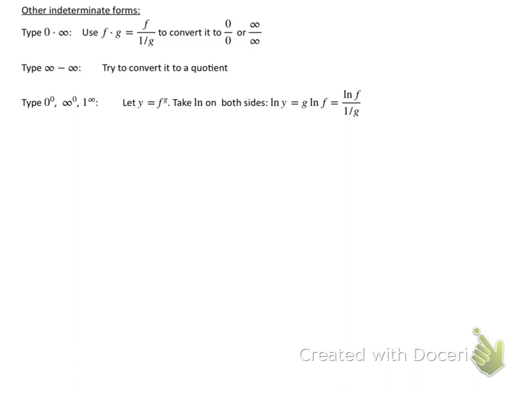First, when you have a product, where 0 and infinity are the limits of the two factors, make it a quotient. So pull one of them to the denominator. It doesn't really matter whether you pull the first factor or the second factor, but f times g equals f over 1 over g.